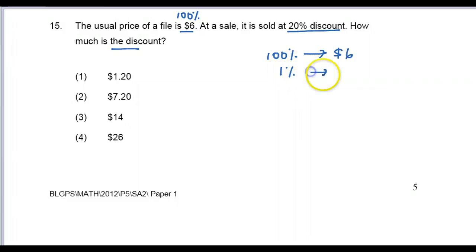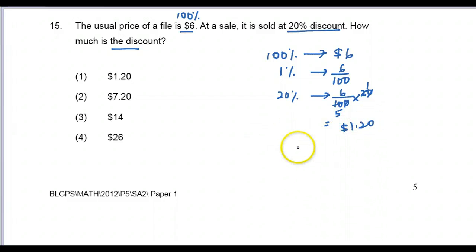So 1% would be 6 out of 100. 20% would be 6 out of 100 times 20, and it would be $1.20. Alternatively, I can take 20 out of 100 times $6, which will also give me $1.20. So my answer is option number 1.